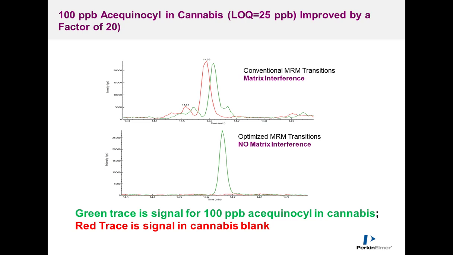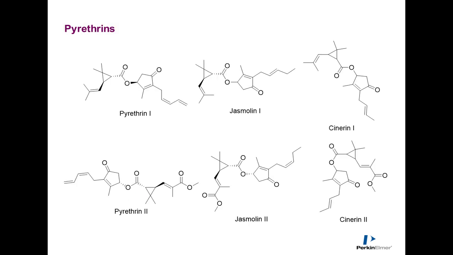What we were able to do is identify new MRMs that allowed a much cleaner signal from the pesticide when in a cannabis sample. This allows the quantitation to be significantly stronger and give a better idea of if the pesticide is present in the sample.